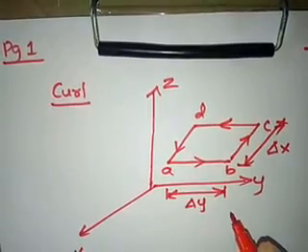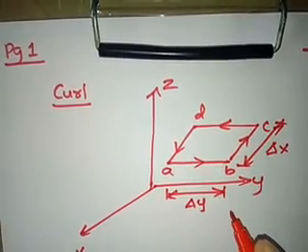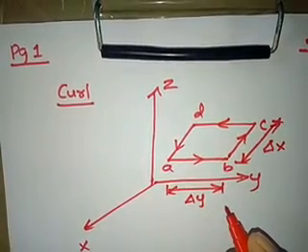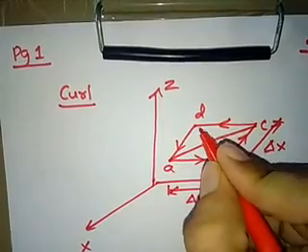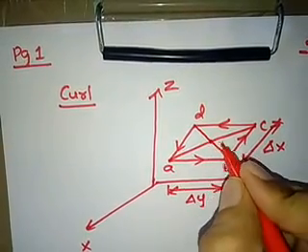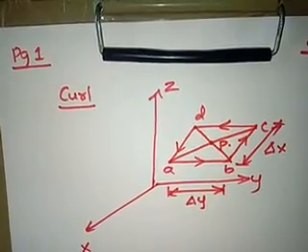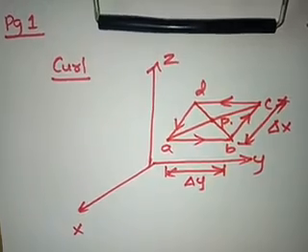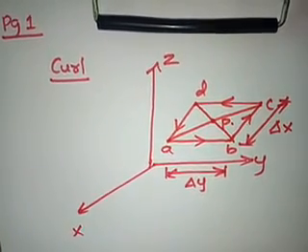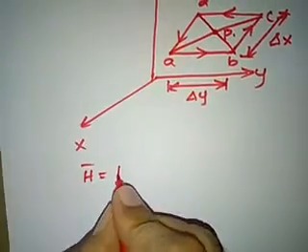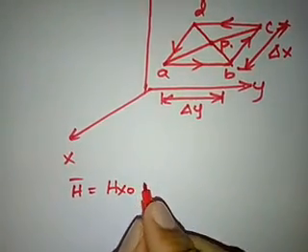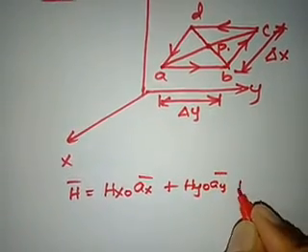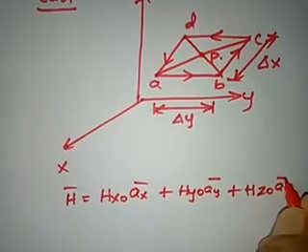Now we have to find the magnetic field intensity at the point P. This is the intersection here. This is our point P of interest, where we are finding the magnetic field intensity. So the total magnetic field intensity at the point P, which is the center of the small rectangle, is given by H bar is equal to Hx0 Ax bar plus Hy0 Ay bar plus Hz0 Az bar.